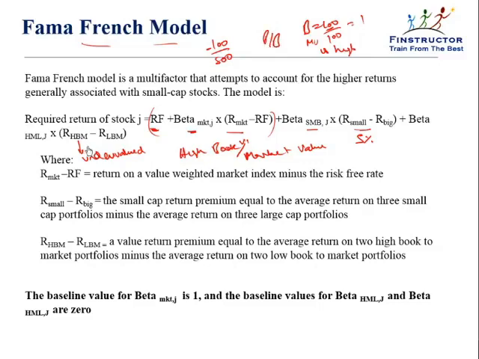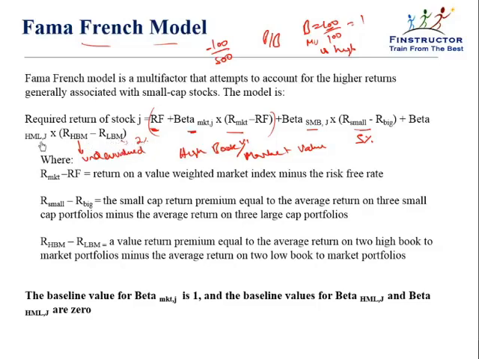So generally, for example, Fama-French found that undervalued companies outperform overvalued companies by 2%, or RHBM minus RLBM is 2%.